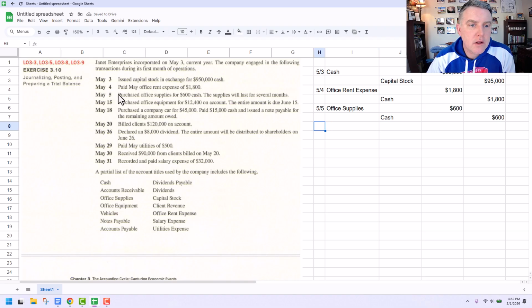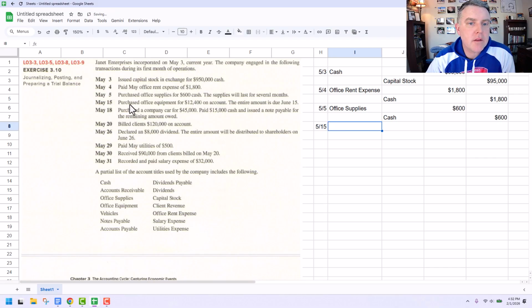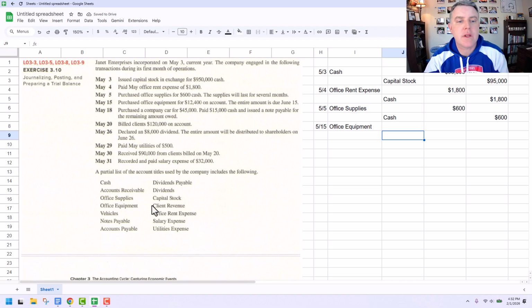And then May 15th. We say purchased office equipment for $12,400 on account. So on May 15th, we're not buying office supplies, we're buying office equipment. And it says on account. What that means is the supplier told us that we could pay later.